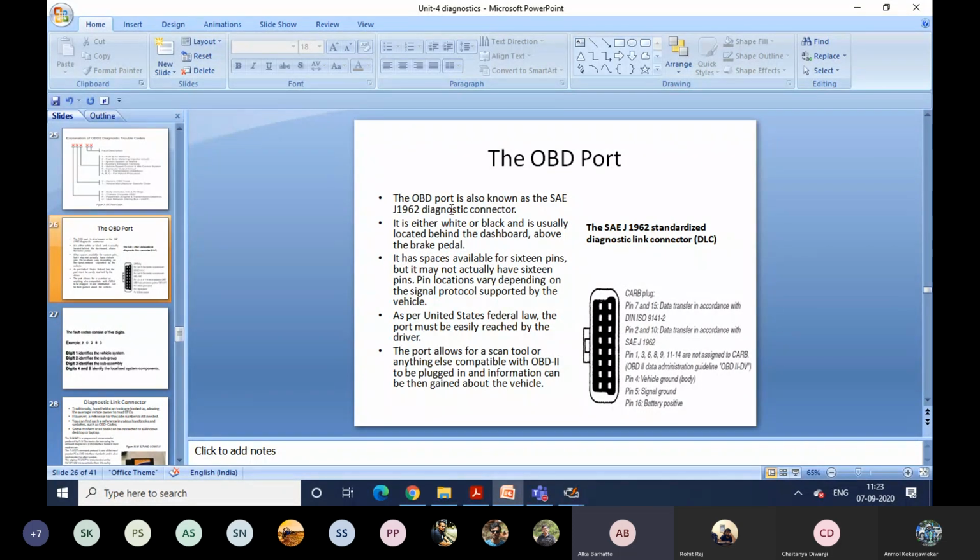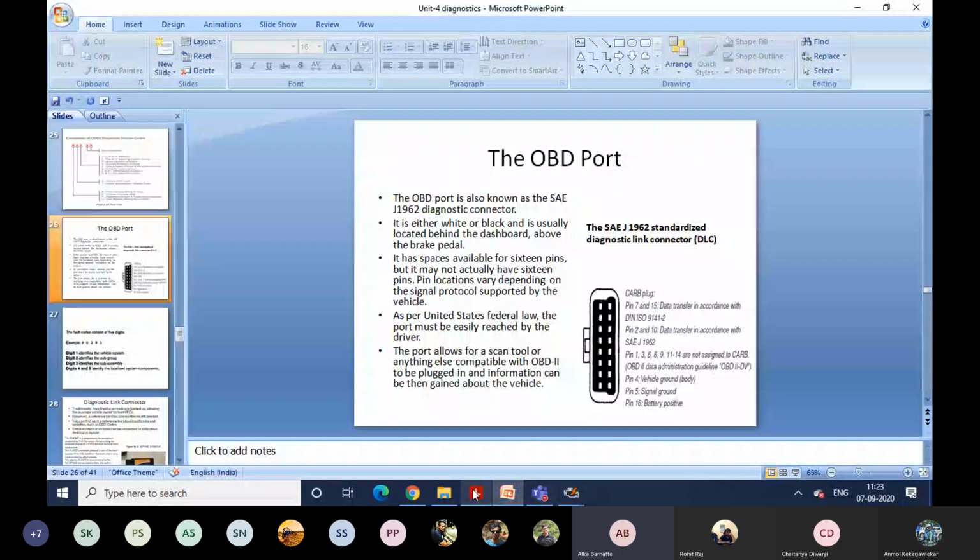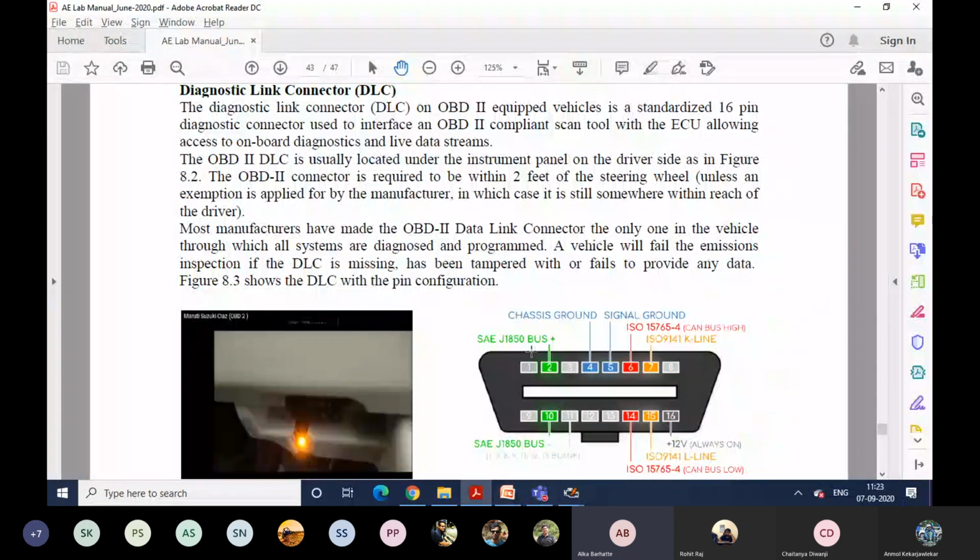So the OBD2 port connector is also known as the SAE J1962 diagnostic connector. I'll show you; it has been better represented in the write-up. This port is also known as the diagnostic link connector.